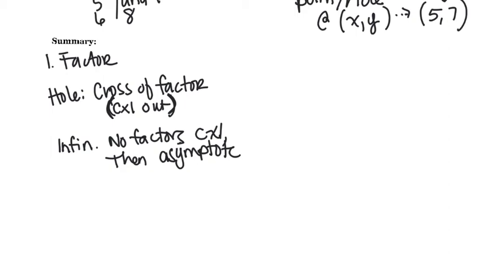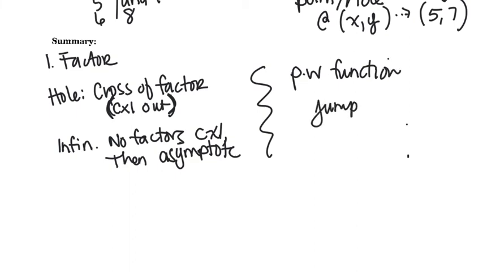Then there's an asymptote. The only other option then is for it to be a piecewise function, and this is jump discontinuity. So this would be my summary of how you find the holes, the jumps, the asymptotes.